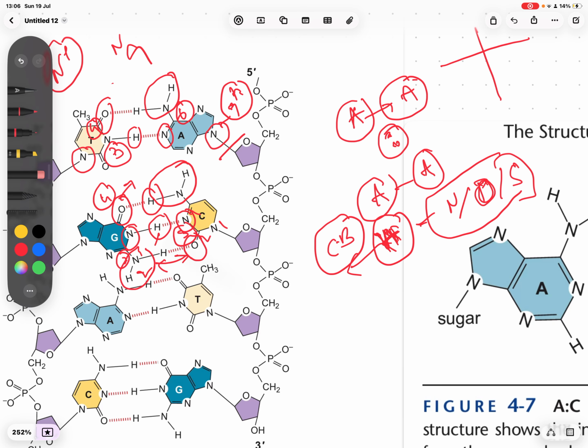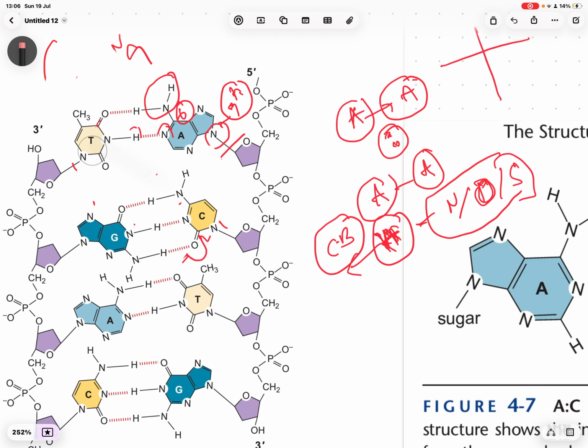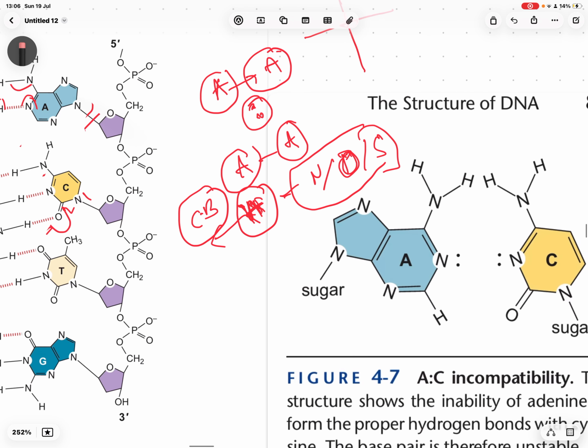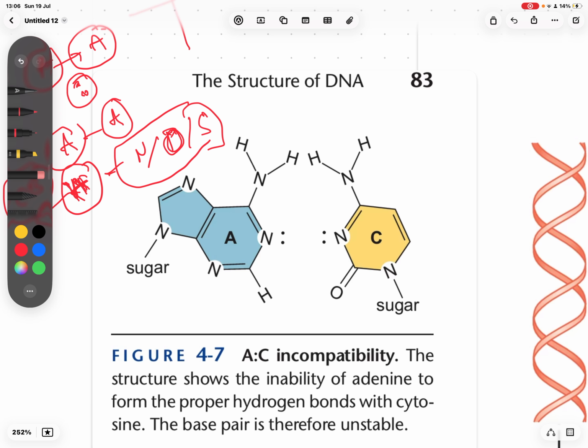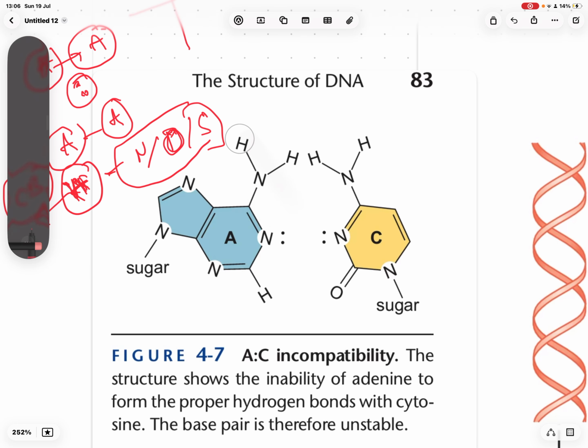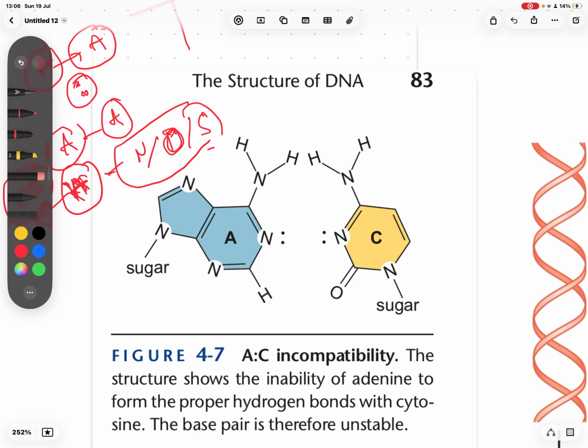Now let's see why adenine and cytosine don't form hydrogen bonds between them. To understand that, we can see this is the amino functional group which is present on the sixth carbon atom.